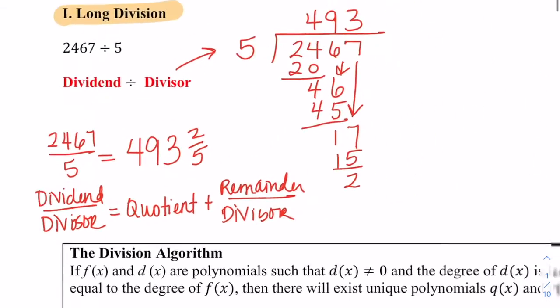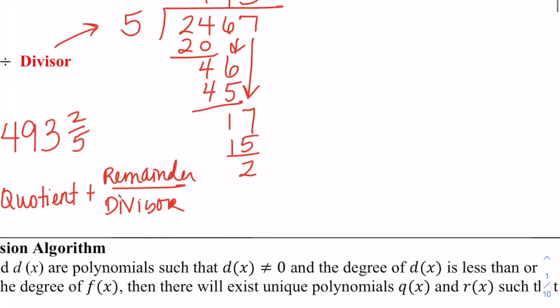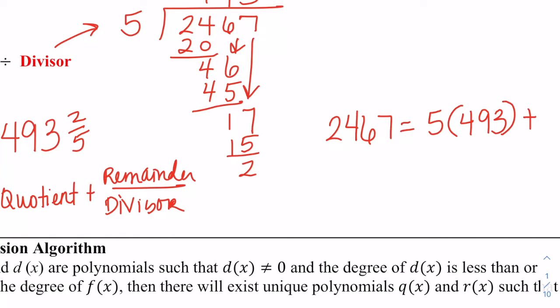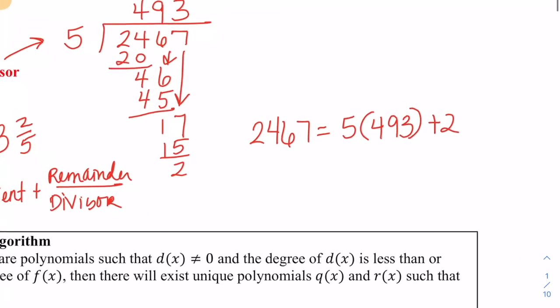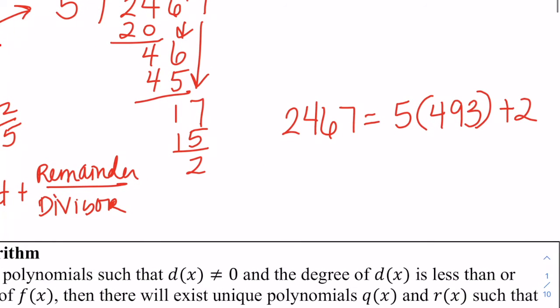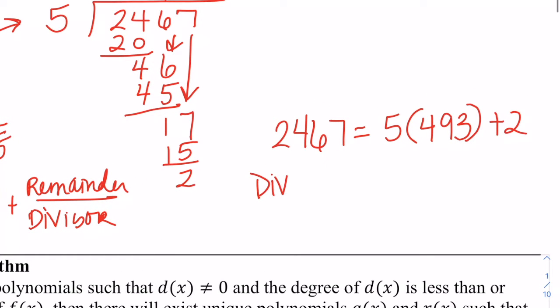Another way to write it is to say, well, what does 2,467 equal? Well, if I multiply 493 by 5 and then add the remainder, I'll get back to 2,467. So remember, that's the dividend, that 2,467.